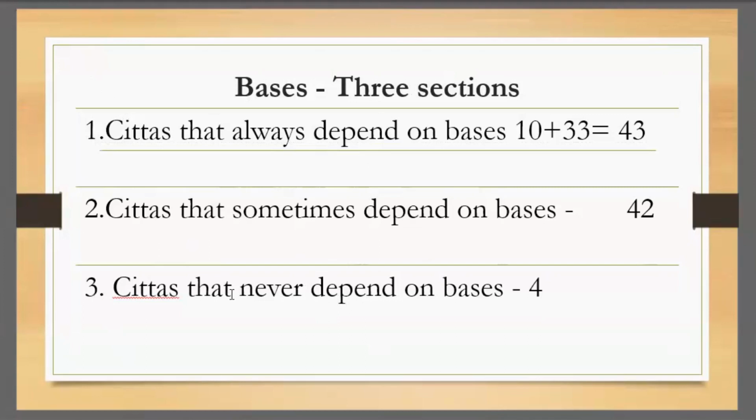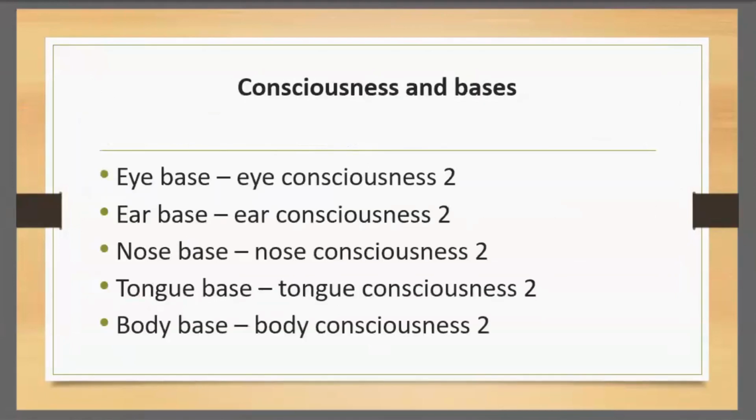Then Chittas that never depend on bases. Here you can see the numbers. Okay, let's try to find out the numbers. So there are 6 bases as we learned. What are those 6 bases? Eye base, ear base, nose base, tongue base, body base, and heart base.